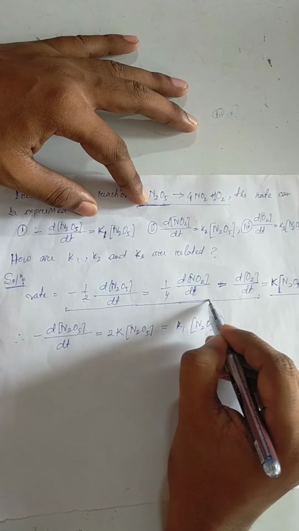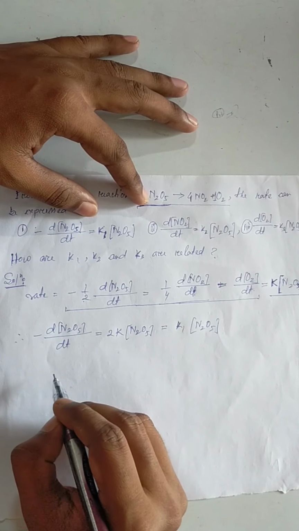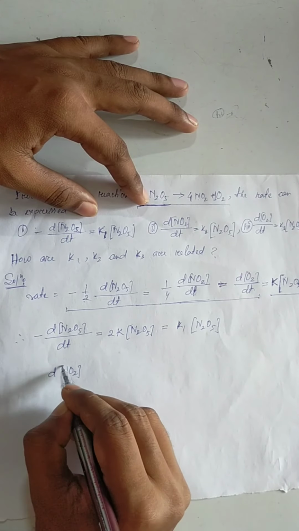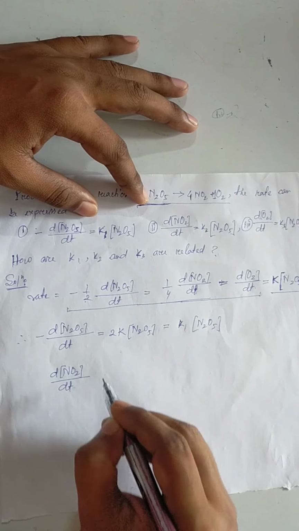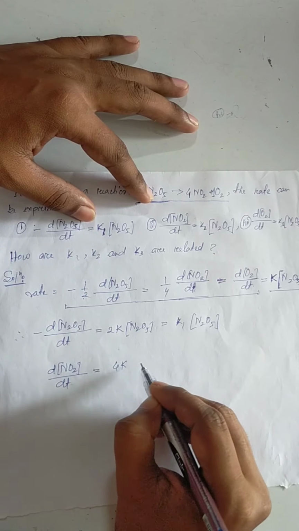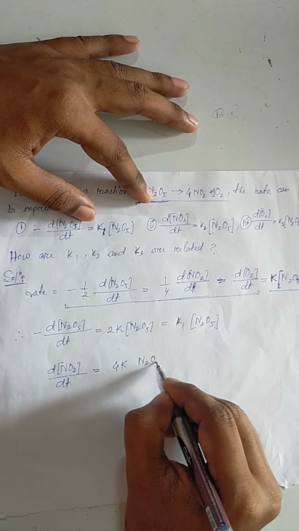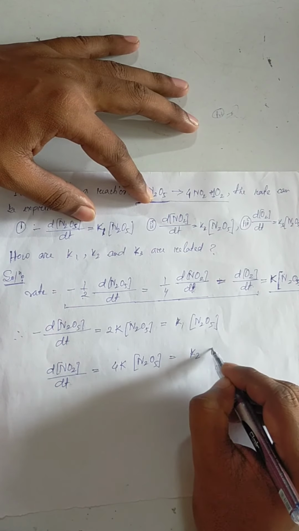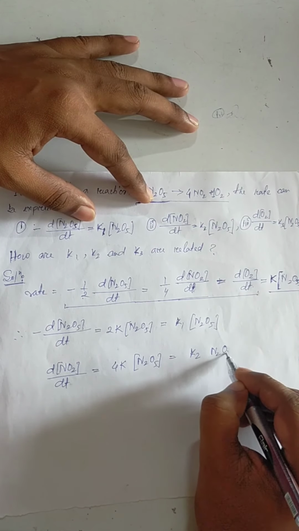Next, we can write d[NO2]/dt is equal to 4K[N2O5], which is equal to K2[N2O5].